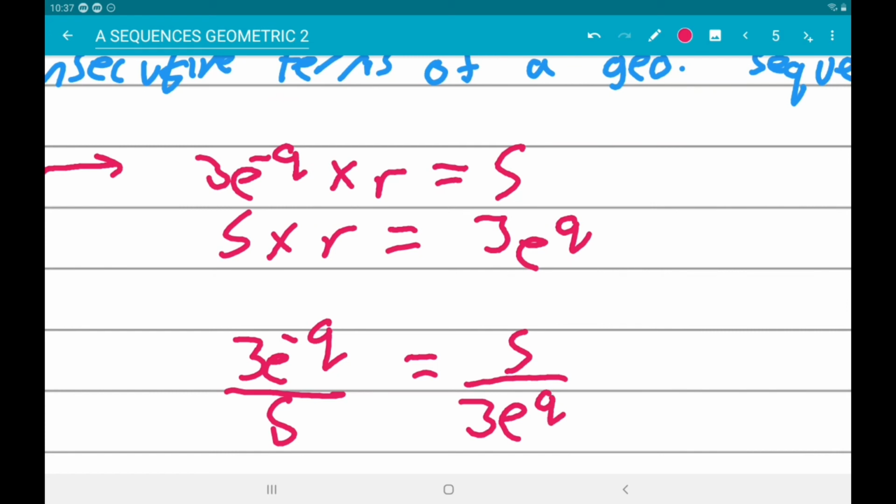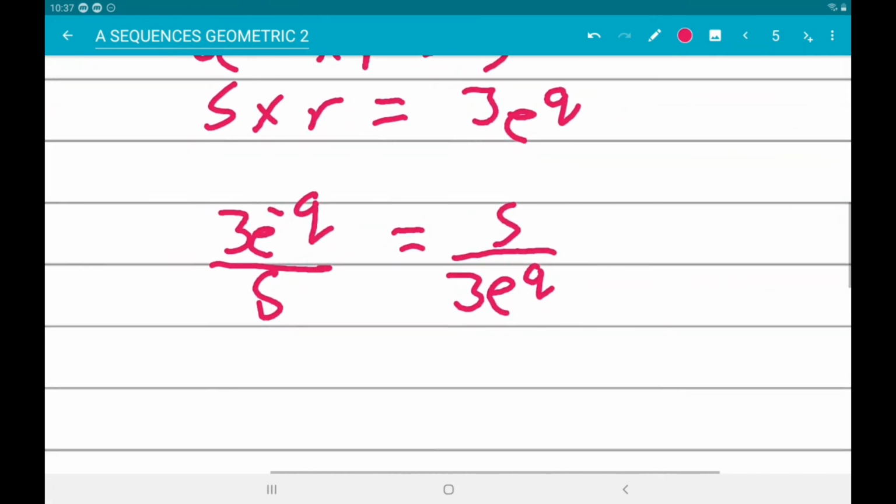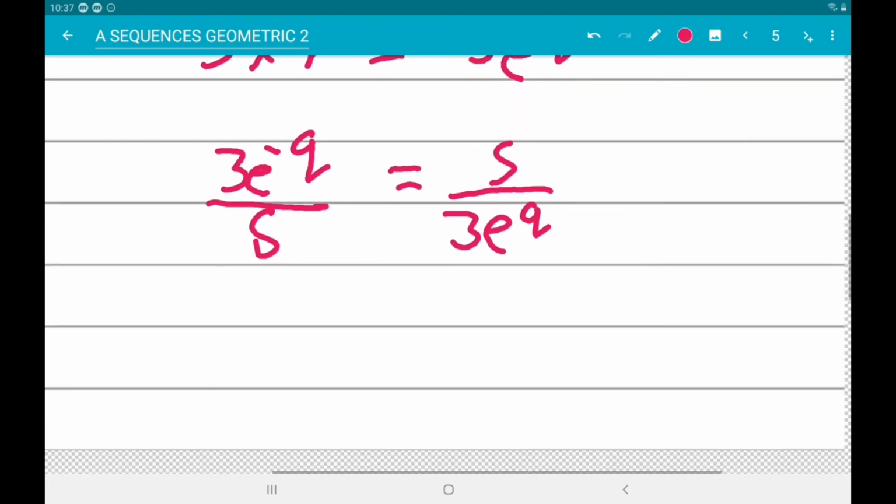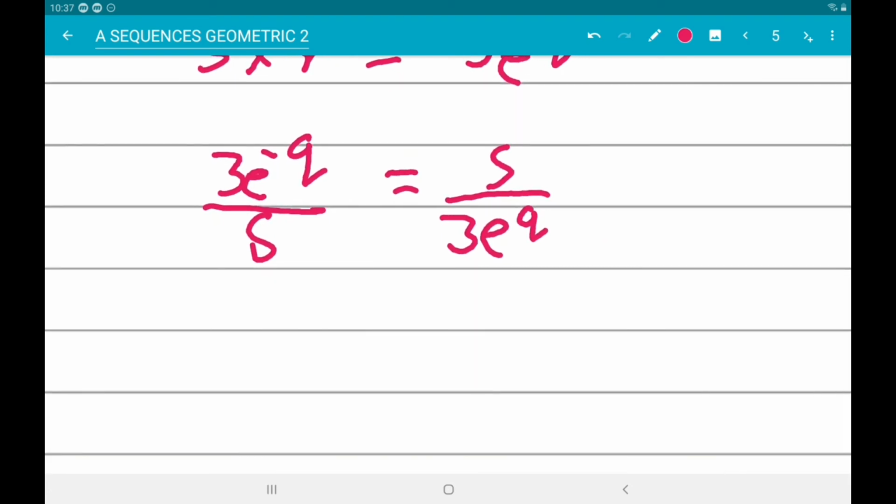Alright, now if we multiply through by e to the q, that also cancels e to the minus q. So this is saying that 3/5 is equal to 5/3.